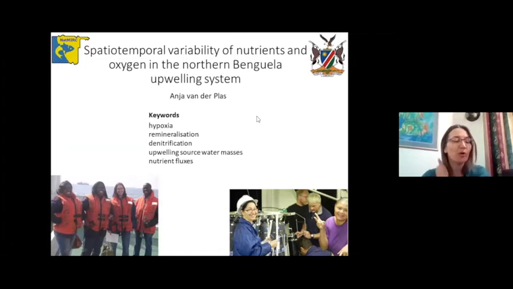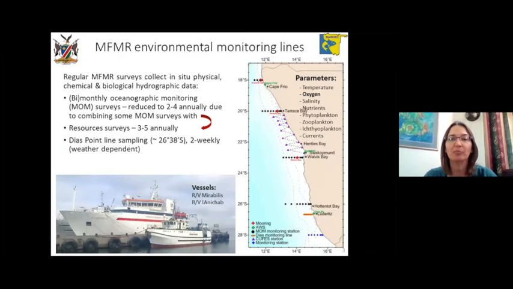So looking at hypoxia, remineralization, also source water masses and nutrient fluxes, but not too much on the physical side, because I believe Hari, and also I know Natalia last week also gave some information already on oxygen and nutrients.